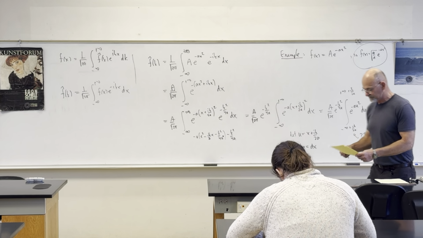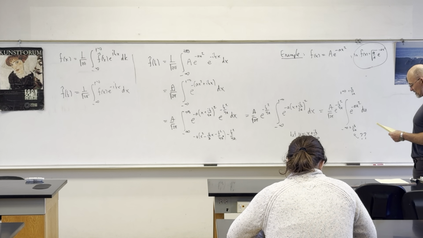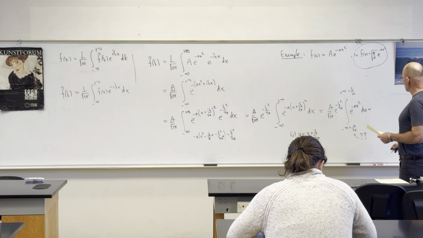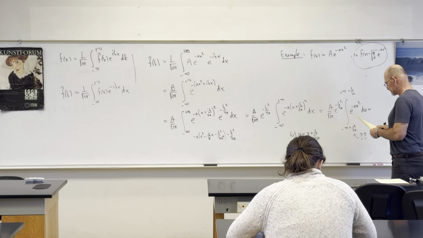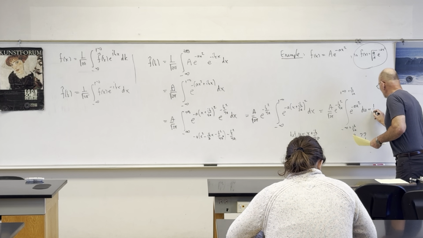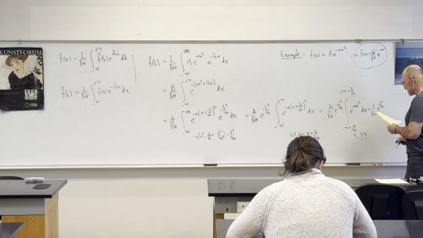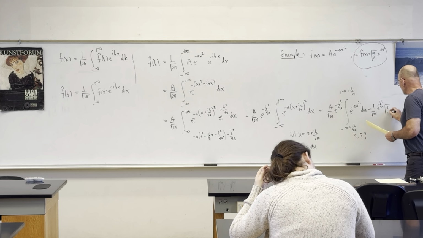So I have an a over pi, and I'm going to have a pi over a, and we'll be good. Let's go ahead and do that. So 1 over root 2 pi e to the minus k squared over 4a, and then the a was root a over pi.